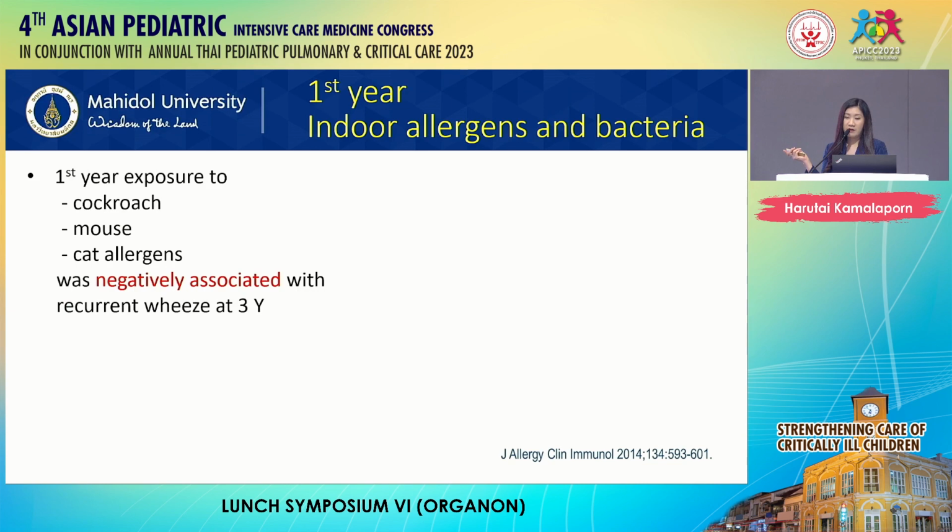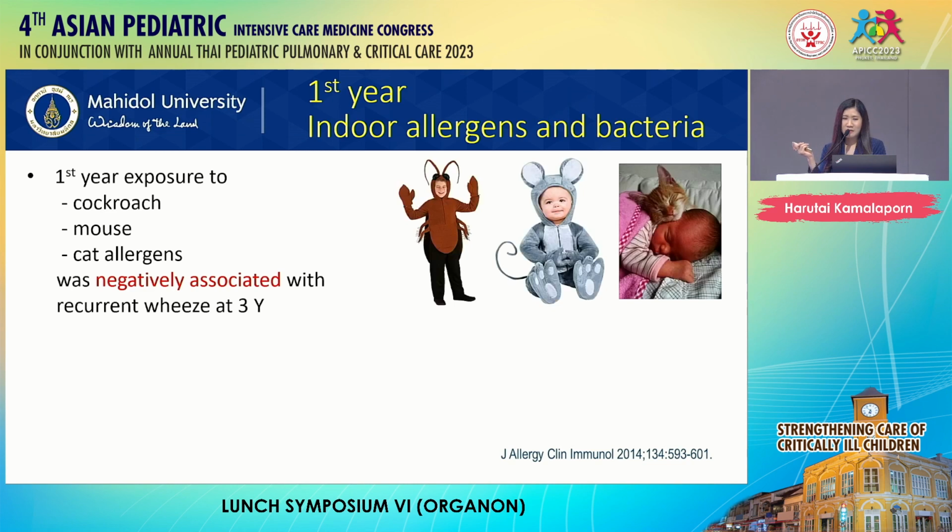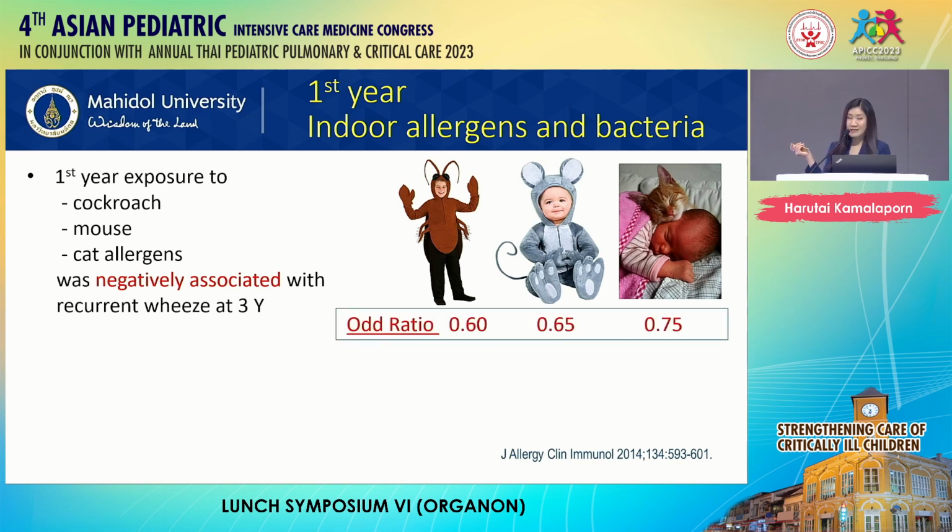probability to have asthma. In the first year, indoor allergen and bacteria exposure was quite significant. First-year exposure to cockroach, mouse, and cat allergens was negatively associated with recurrent wheeze at the age of 3 years, with an odds ratio less than 1.